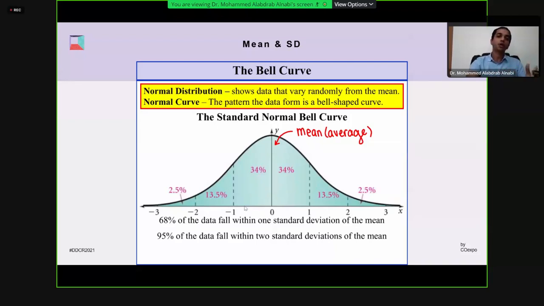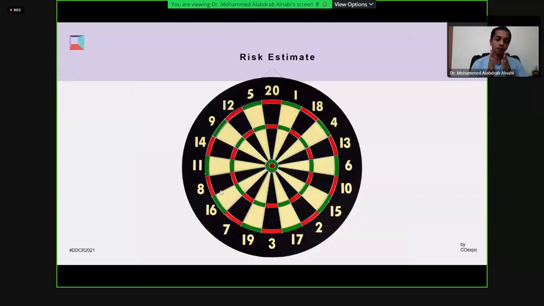And you're only sure that your risk falls between these 2 lines. And these 2 lines, we have an agreement, all scientists, that we use the 95% confidence interval, which represents 2 standard deviations above, 2 standard deviations below. And that's how sure you are. You're 95% confident that your result falls within this range.